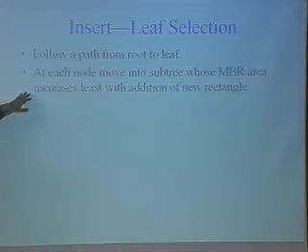So the heuristic here says, of your choices, move into the subtree whose minimum bounding rectangle area would increase the least. The rationale for this is when you do a query, the probability of moving into a subtree is related to the area of that MBR.